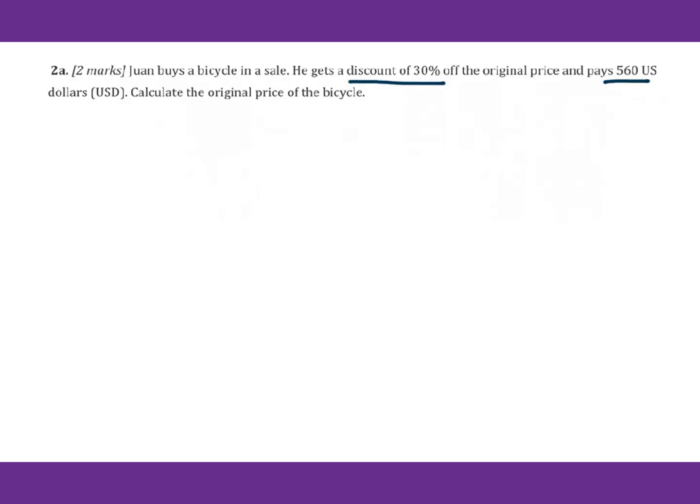Calculate the original price of the bicycle. 30% off means 1 minus 0.3 times the original price. I use P0 for that, and A stands for the new amount.